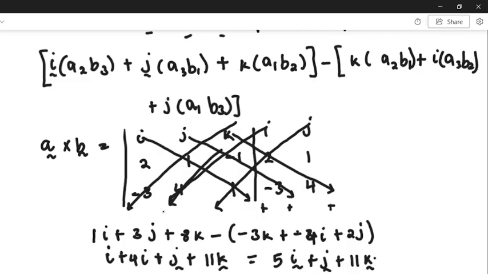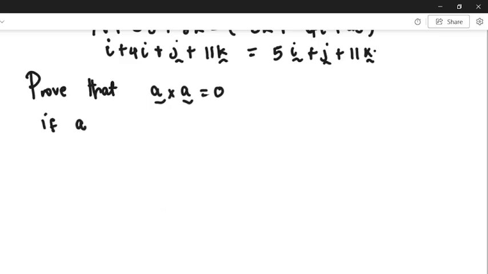We're going to prove one simple property, and then that will be it for vectors. Our next topic will be projection. So we have a question here, an example. Prove that A cross A will give us a 0. Our first step is to define A. We are going to say that A is A1, A2, A3.